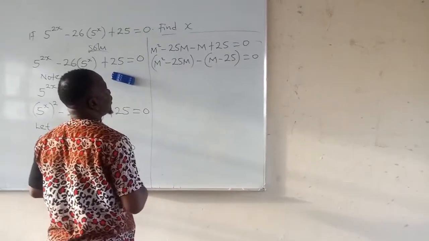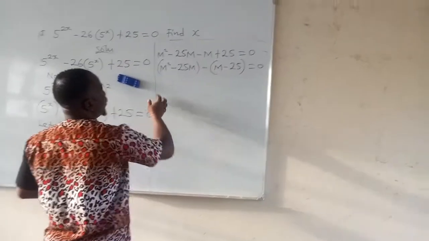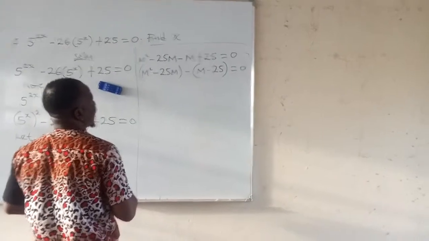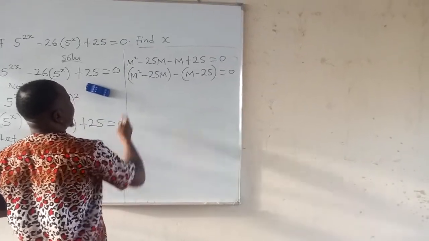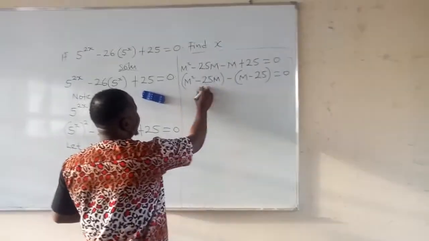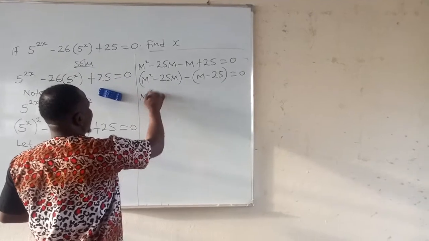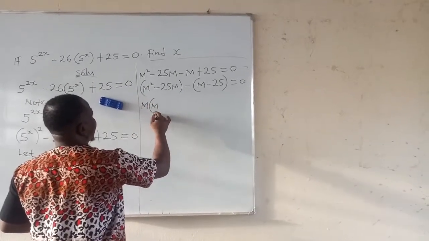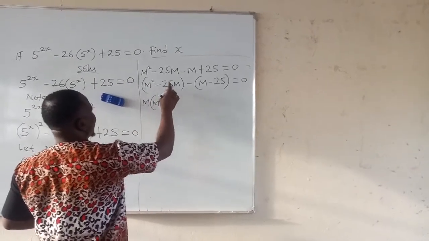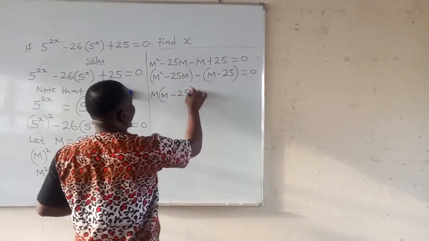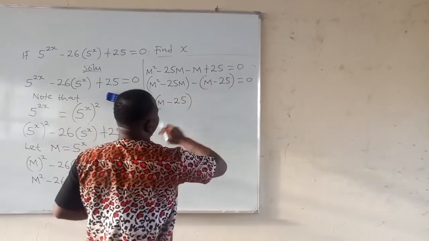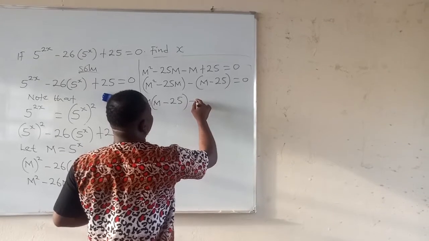Is that clear? Okay. So now, what is common here? In this first bracket, what is common? m is common. We bring m outside, minus 25. Then what is common here?